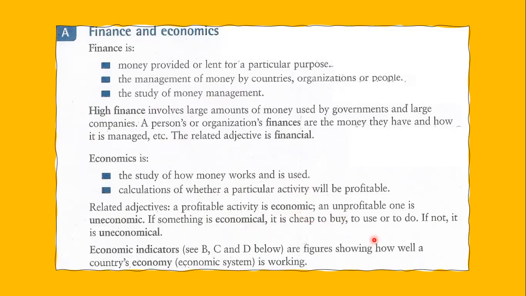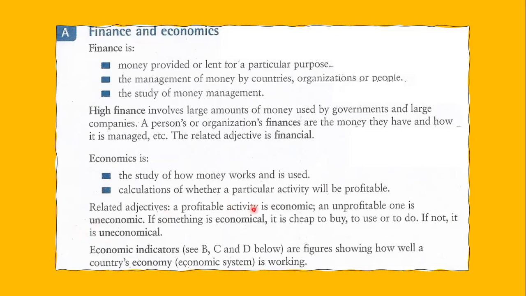An unprofitable one is uneconomic, so the opposite. So when you lose money, you're working on an uneconomic activity. If something is economical, it is cheap to buy, to use, or to do. If not, it is uneconomical.